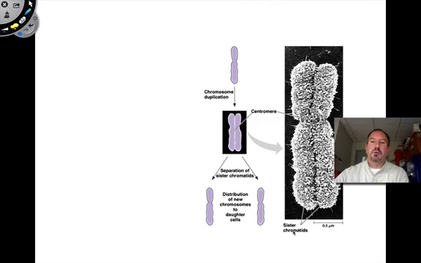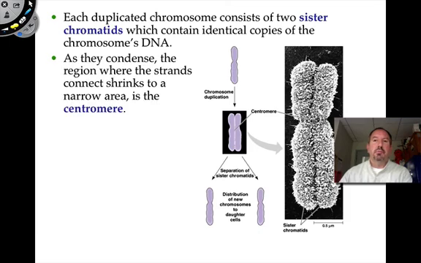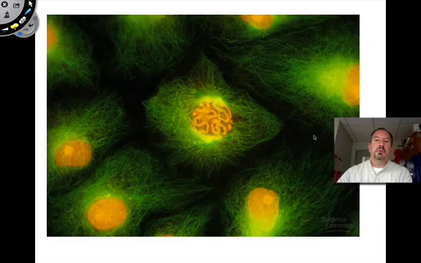They're called sister chromatids. And so the DNA replicates during the S phase of interphase, and then chromosomes will start to form during mitosis, which we will talk about in the next lesson. And they're held together by this center protein called, you guessed it, a centromere. And so later these two sisters are pulled apart.